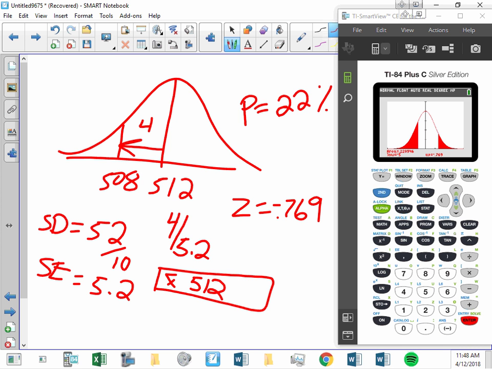A whole bunch of different weights. Well, it's actually just one weight, but anyway. Does that make sense? So, yeah, the null equals 512 and the alternate is greater or less than 512. All right.